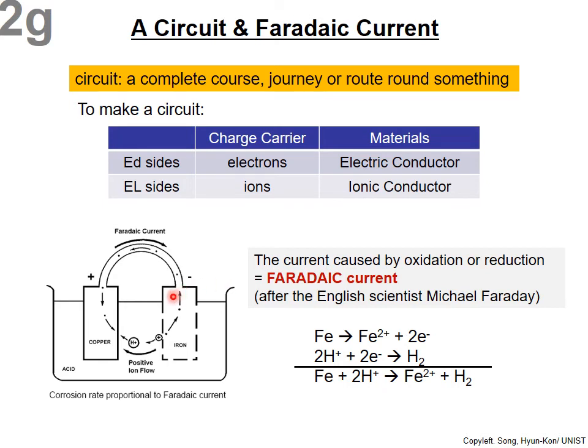Actually, in this cell, you can easily find this kind of current because the electrons were originally generated by oxidation of iron metal into Fe2+, and then these electrons are consumed by reduction of protons into hydrogen gas. So in this electrochemical cell you can find a Faraday current. The name of Faraday current is after the English scientist Michael Faraday.